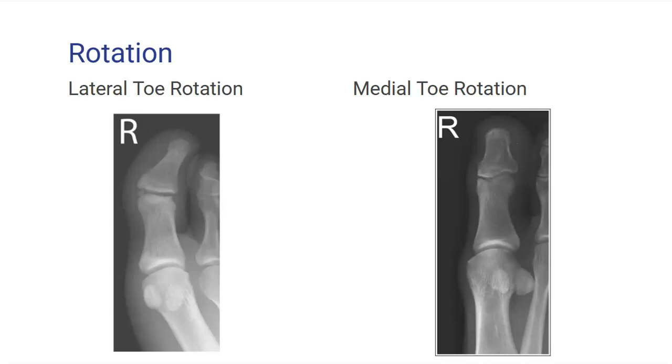Conversely, when there is medial toe rotation, the foot and toe are rotated inward. In this case, the soft tissue width and midshaft concavity appear greater on the lateral side, which is farther from the image receptor.